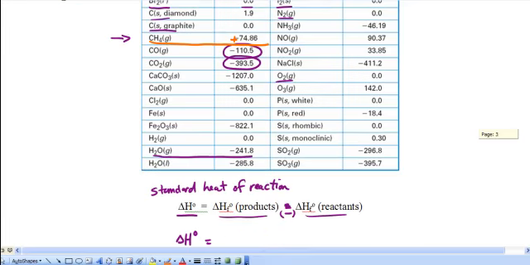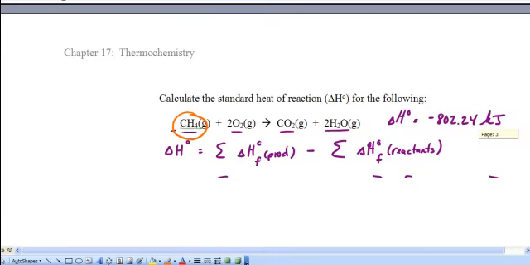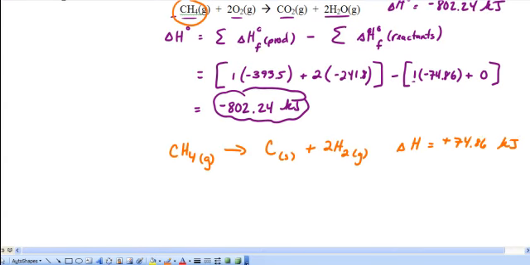Alright? Let's continue on. In the next step, we're going to form carbon dioxide. Well, in order to form CO2, we're going to take carbon in its standard state, which is graphite, but I guess we'll just assume that we know that, and react it with oxygen.